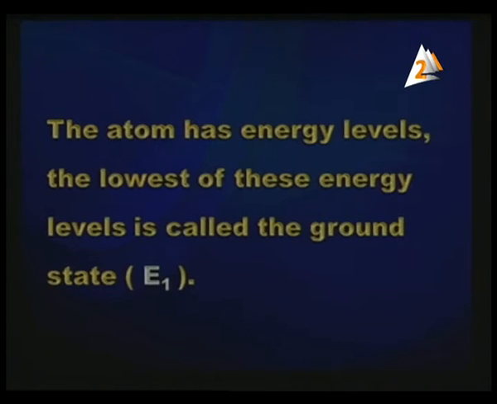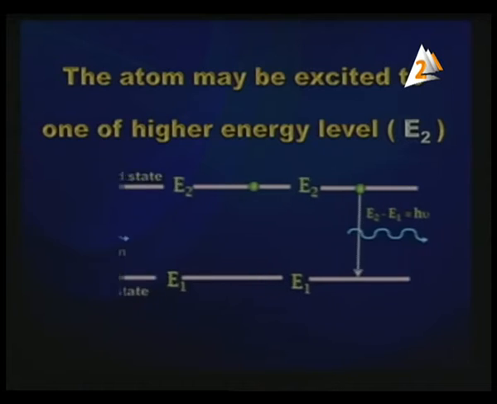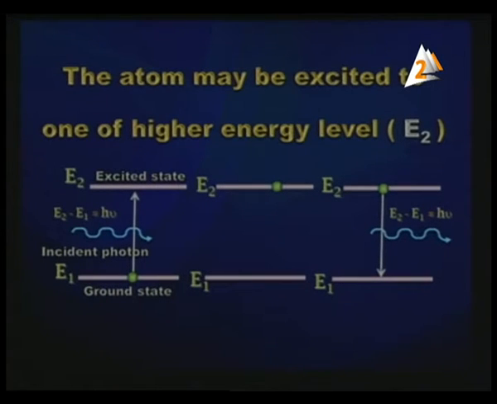So E1 denotes the ground state, which has the lowest energy. The atom can be excited to one of the higher energy levels. Higher energy level is denoted by E2. In front of you, we've got a diagram.